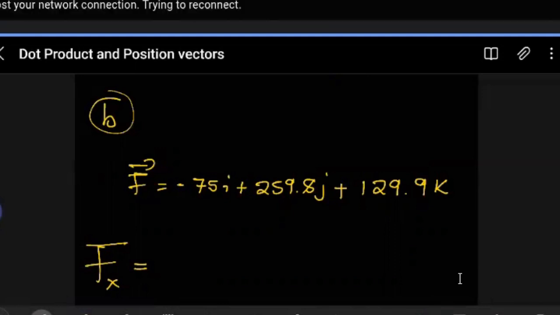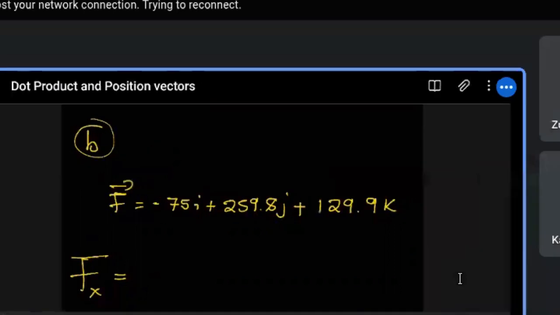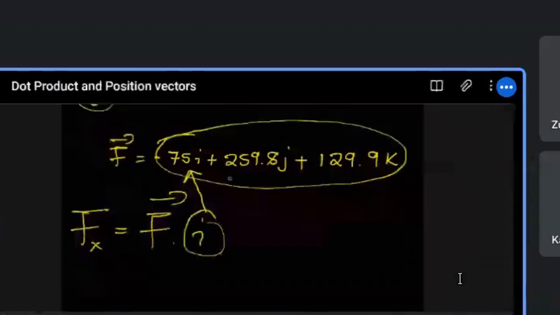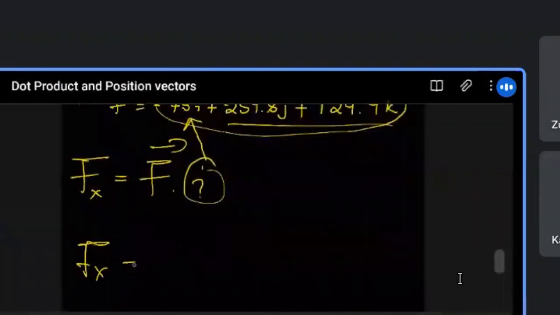If we are to get the dot product of this and the unit vector I, notice that it's just I multiplying the 75. All these will not be there. There'll be zeros because we only have I. So for J we have 0, for K we have 0. So it will only be I multiplying negative 75. So F of x will be minus 75.